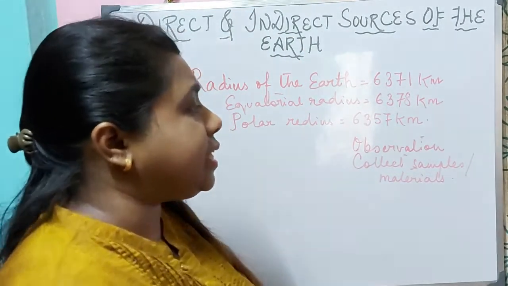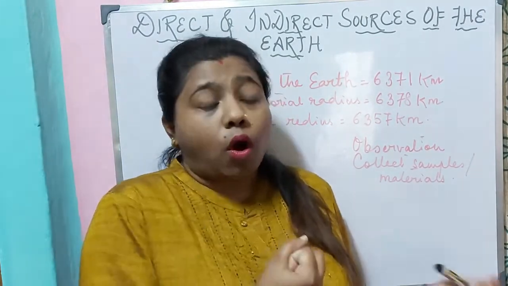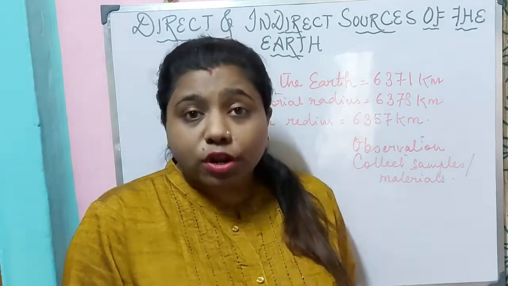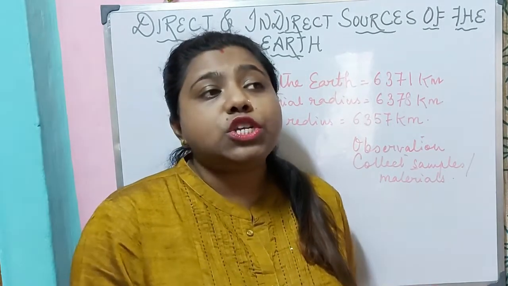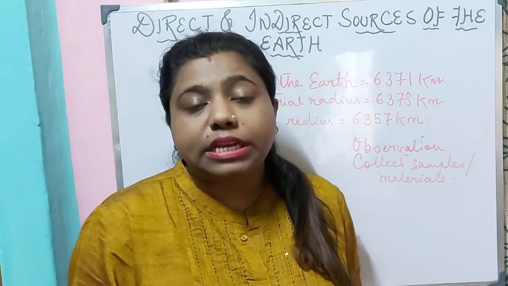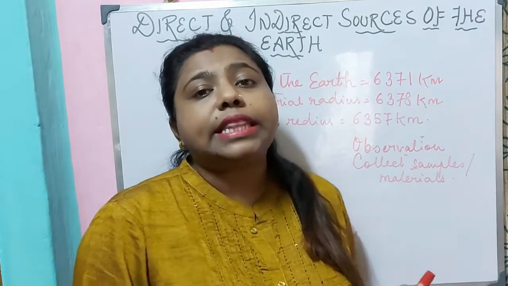So the question arises: how will scientists get to know about the materials that form the interior of the earth at different depths? What is the composition of materials found in the interior of the earth? It is not possible to know as we cannot go to the center. So how do we obtain the information?